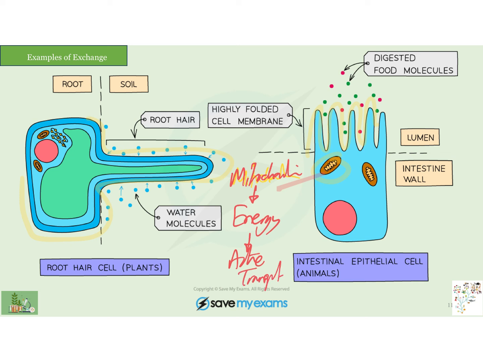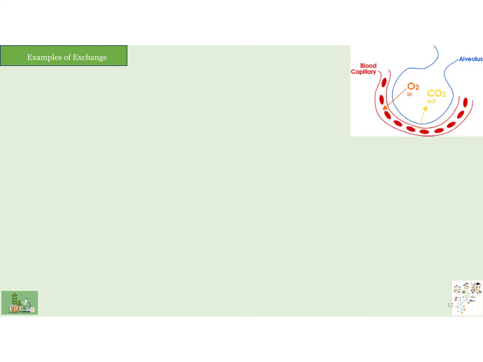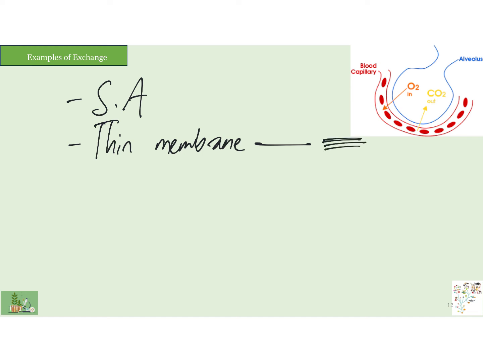For all of the areas of exchange, we're talking about the same adaptations. When it talks about examples of exchange, you want them to have a large surface area, so we spoke about more opportunities to get in and out of the cell. You want it to have a very thin membrane, because again, the bigger the membrane, the longer it's going to take to get across it.